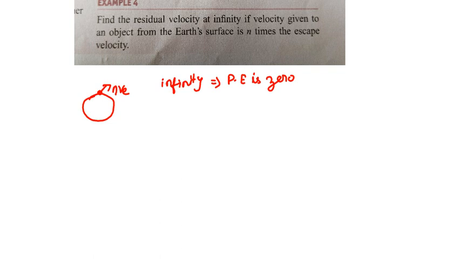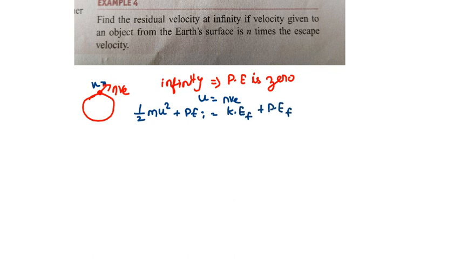So the initial kinetic energy will be 1 by 2 m v square. Here the initial velocity u is given as n times the escape velocity. So I'll write the initial kinetic energy 1 by 2 m u square, plus initial potential energy, equal to final kinetic energy plus final potential energy.